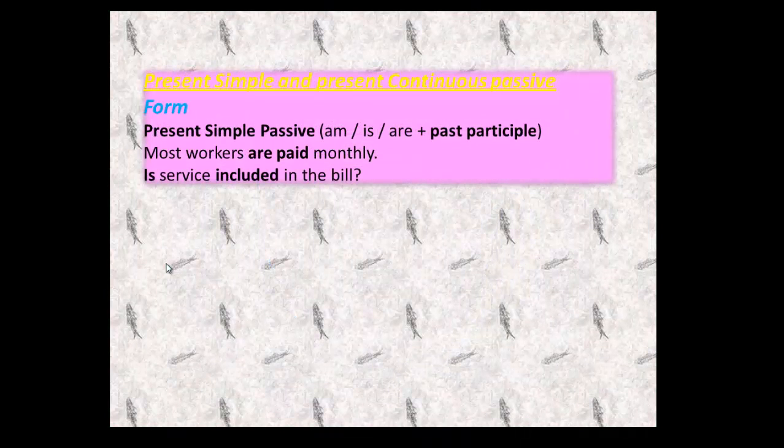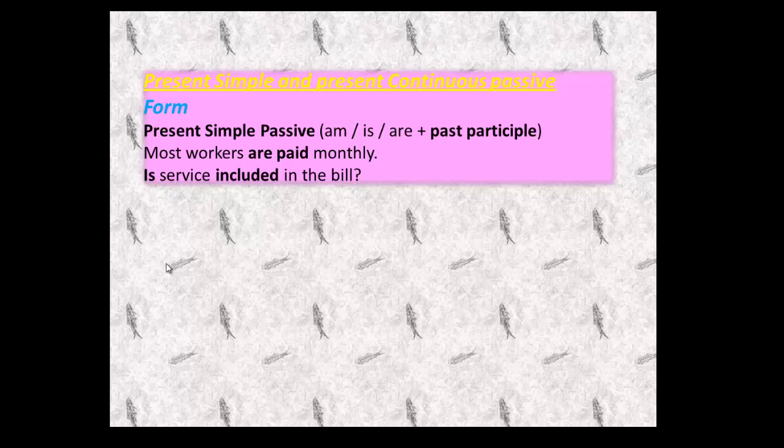Now let's move to present simple and present continuous passive. We will begin with form. Present simple passive: in this tense, we put is, are plus past participle.